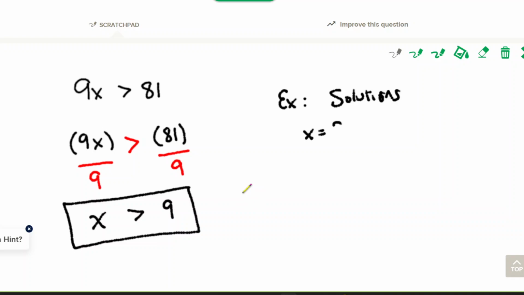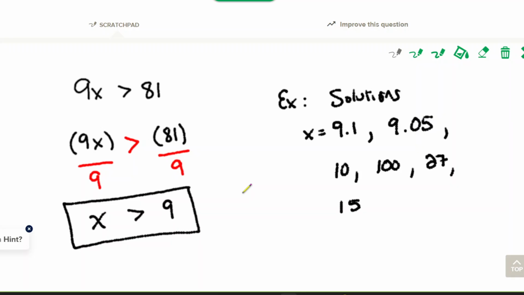But anything bigger than 9, 9.1 would be a solution. 9.05 would be a solution. 10 would be a solution. 100 would be a solution. 27 would be a solution. I could do this all day long. 1,578.543, whatever. I can do this forever.